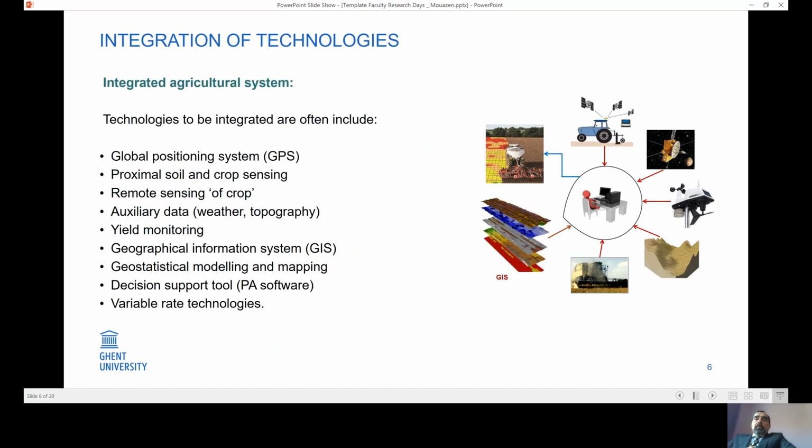But as you see, when we implement variable rate technologies or precision agriculture technologies, we have to tackle the field as an agricultural system, which means that we should be able to measure with high sampling resolution the key parameters affecting crop yield.